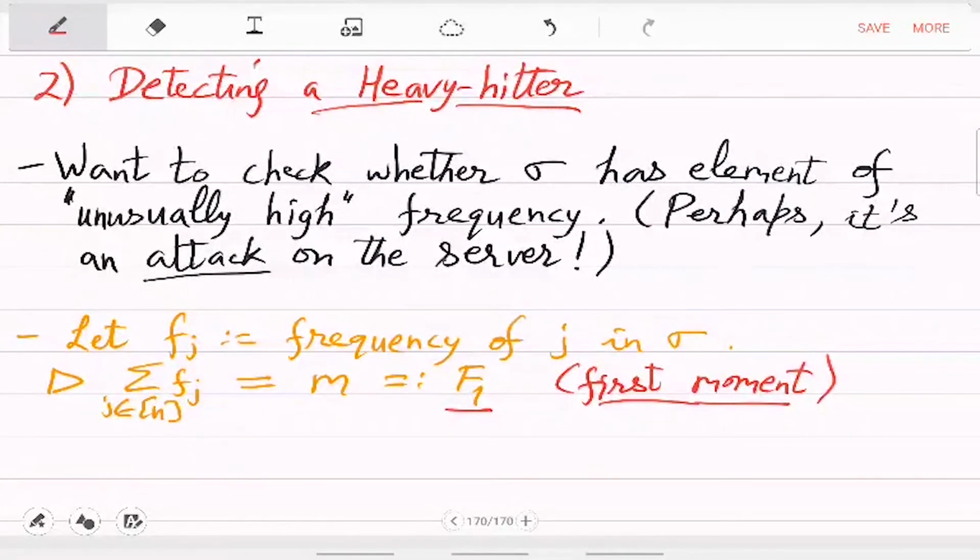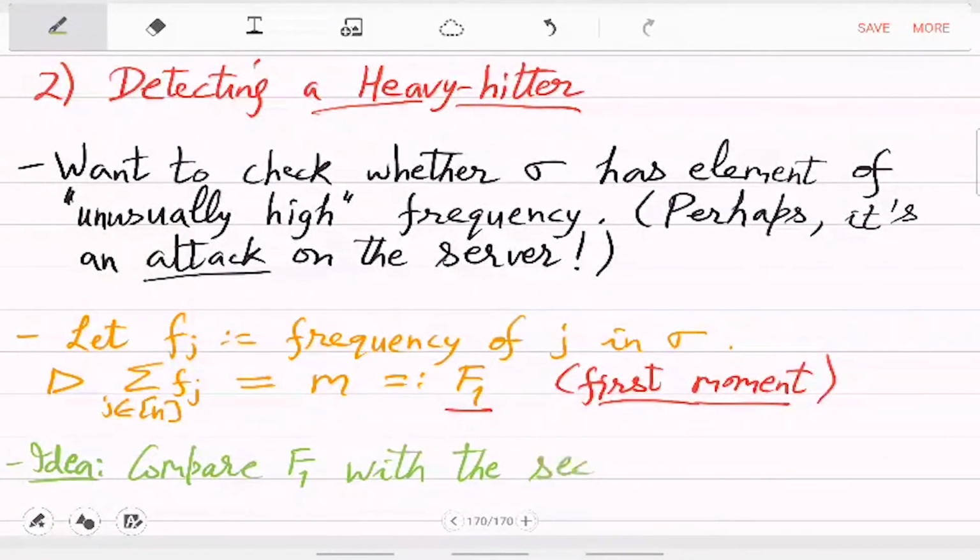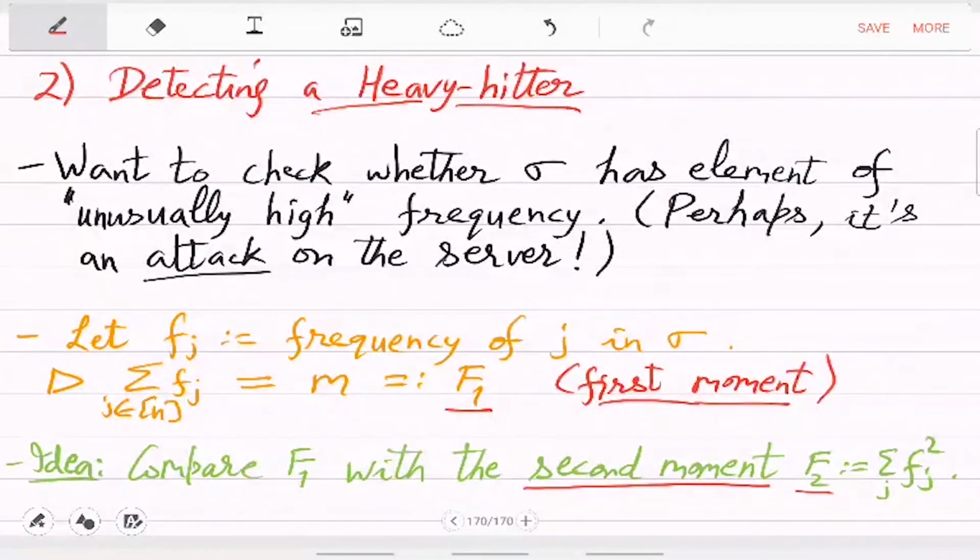And the idea for the algorithm is to compare f1 with the second moment, which is the sum of the squares of the frequencies. Right.